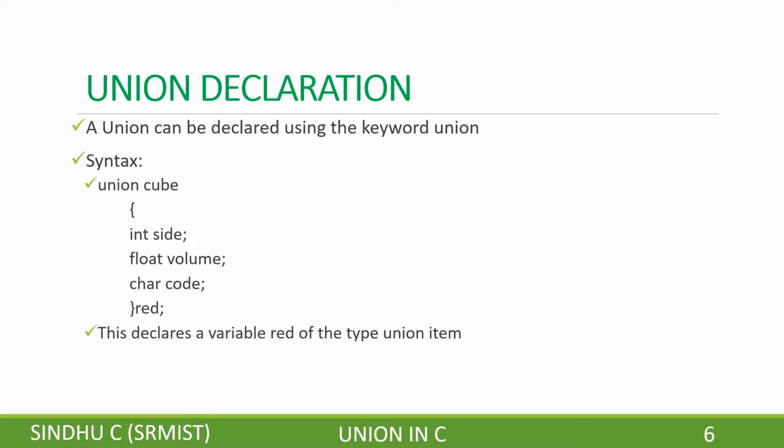Now red is the union variable. So this declares a variable red of the type union cube. So now you can think of this red with three memories together. So one is side, volume, and the other one is code. All of these are of different data types.